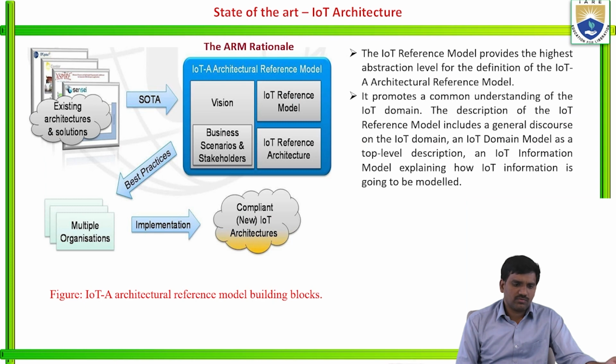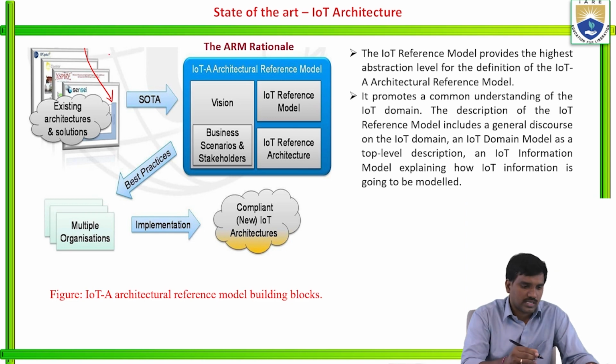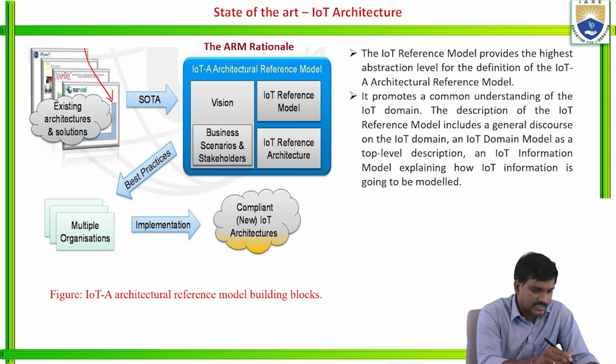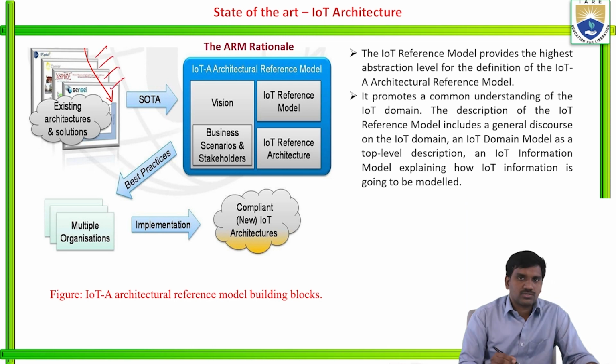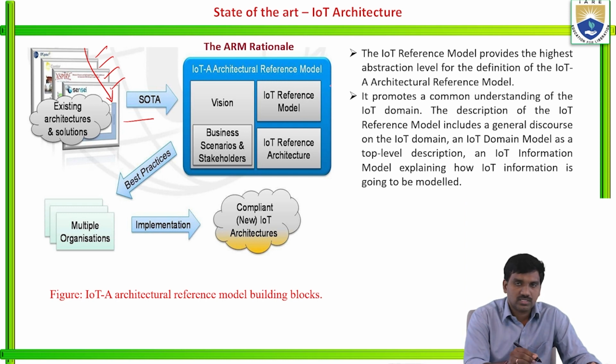Next, let us start with the IoT architecture reference model rationale. These are the main building blocks of the IoT architecture reference model. Here we can start with existing architecture solutions, real-time solutions like ASPIRE and others. These are the existing architectures and solutions, which can be combined with the IoT architecture reference model.